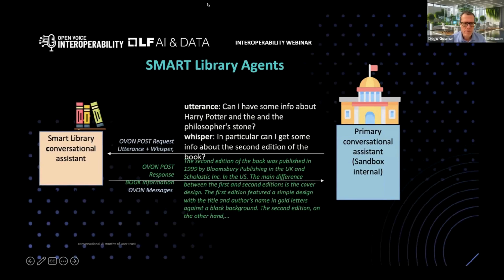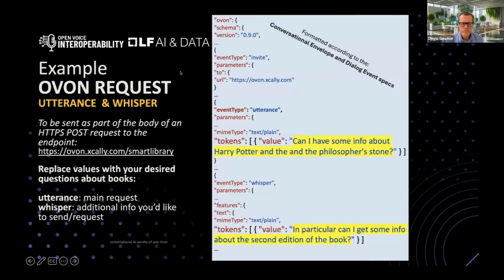Next slide, please, Nathan. So this is an example of a request. In this case, we are going to send a request including an utterance. So we are going to ask some information about the book, and then in the whisper, we can send additional information, an additional request. And we are supposed, of course, to get back some kind of answer.